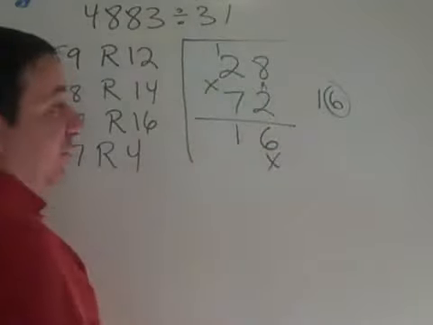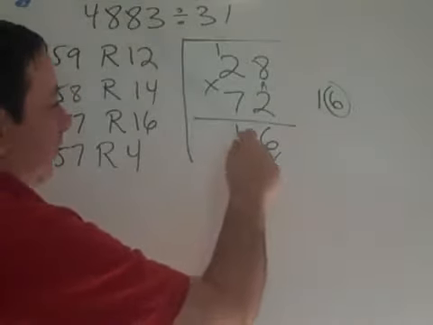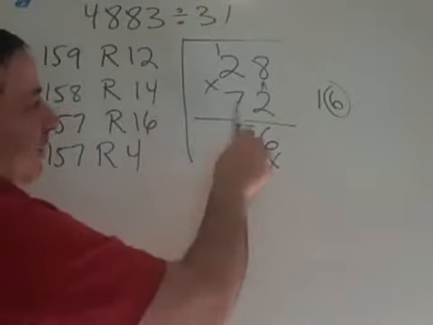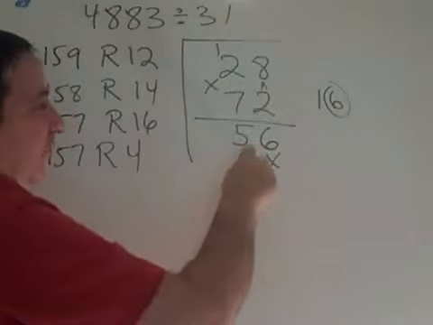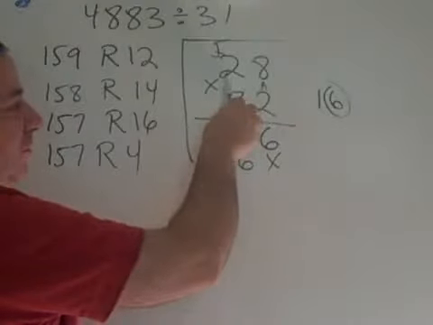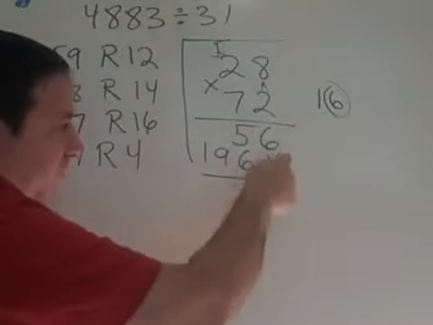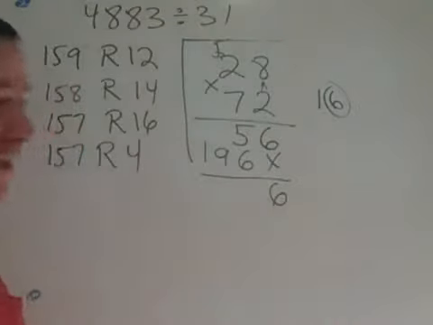Then you indent. 7 times 8 is 56. 7 times 2 is 14, plus 5 is 19. The first thing you do is bring down the 6.